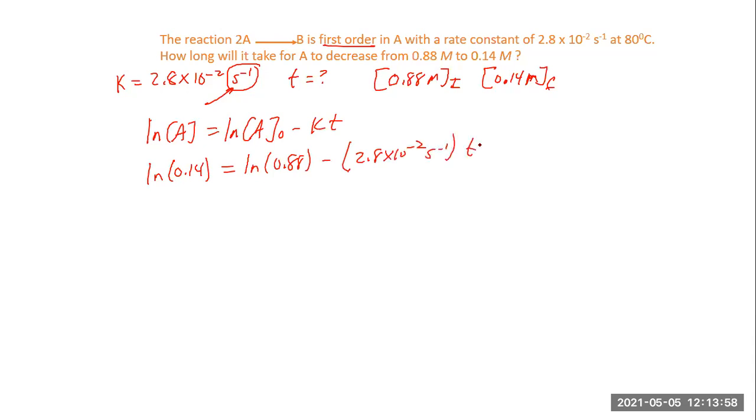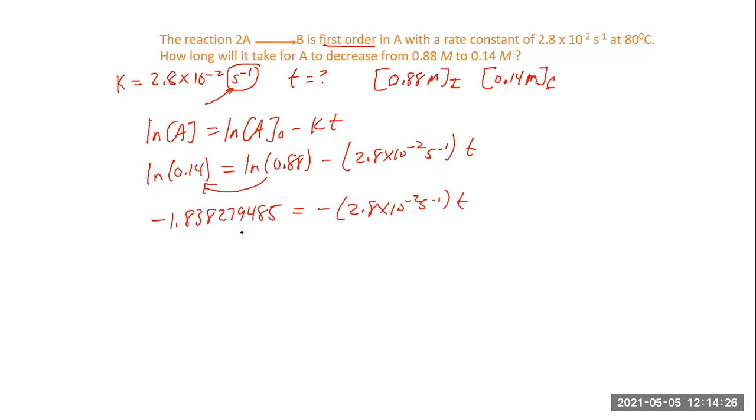I personally move it over. So I do the natural log of 0.14, hit equals, then subtract the natural log of 0.88 from it, basically subtracting this to the other side. You do that, you get something like minus 1.838279485. Don't feel like rounding. Divided by minus 2.8 times 10 to the minus 2 reciprocal seconds.